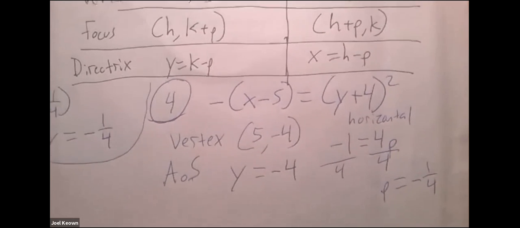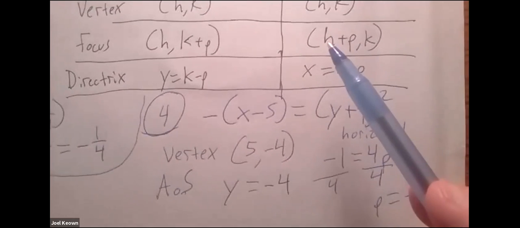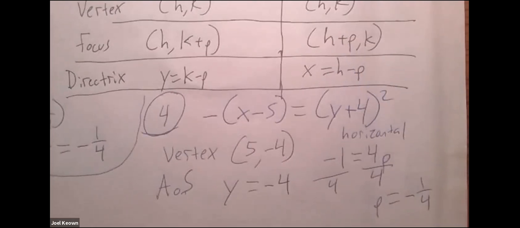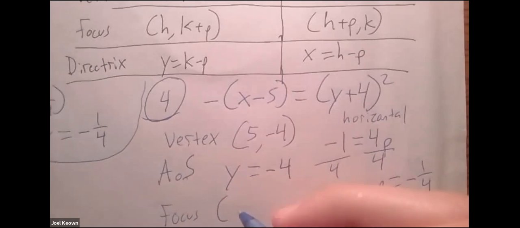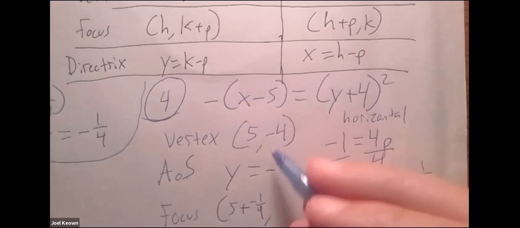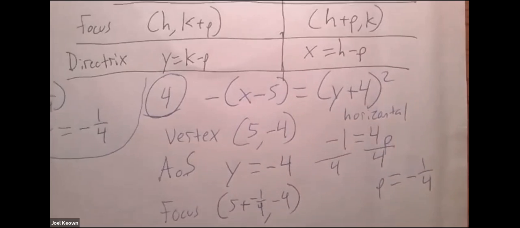Right. And then let's plug in. Well, I have h plus p. Well, h is my x value, so my focus is 5 plus negative 1/4, comma, negative 4.